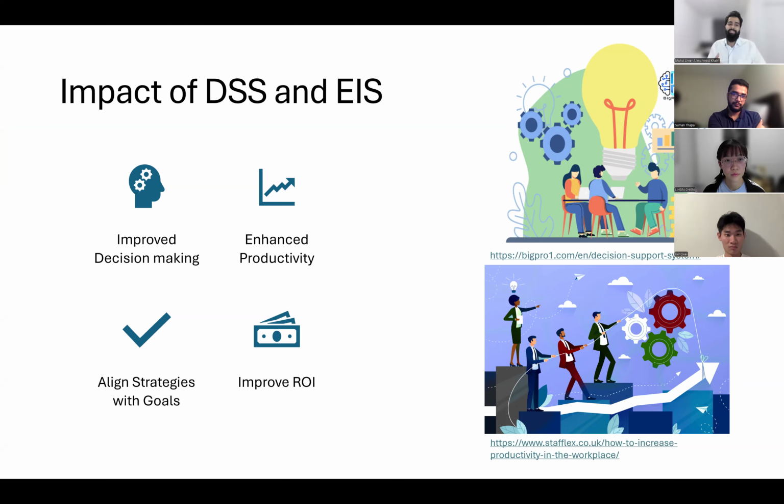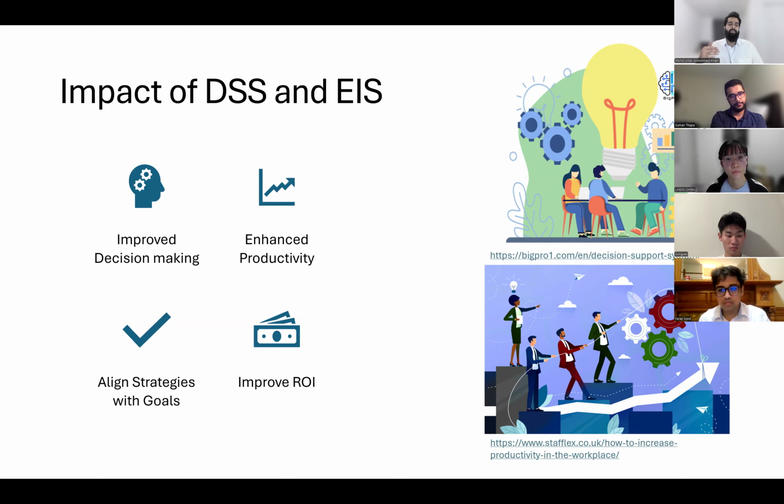And both of these impact any organization in the information systems industry by helping in improved decision making. They also help in enhancing productivity. They help in aligning the goals and strategies. I think all of these you must have been able to conclude while we were explaining this. These are the impacts that DSS and EIS create.